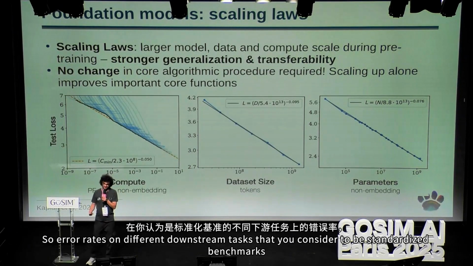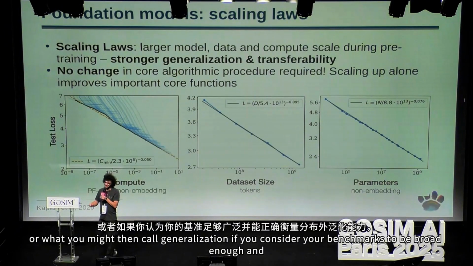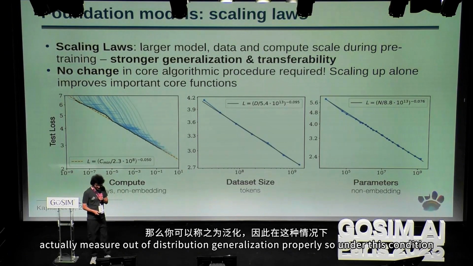So error rate on different downstream tasks that you consider to be standardized benchmarks, or what you might then call generalization, if you consider your benchmarks to be broad enough and actually measure out of distribution generalization properly, under this condition.